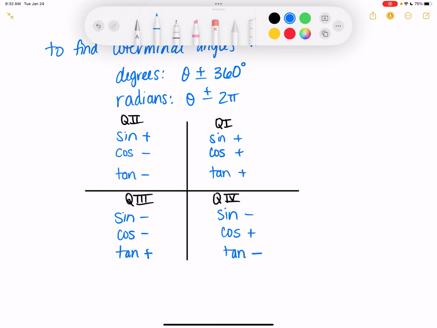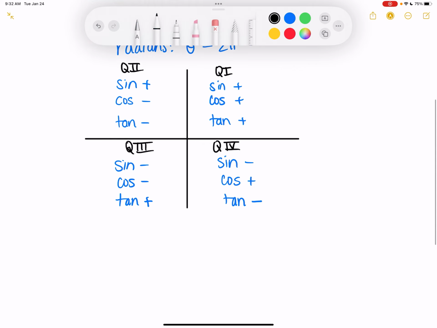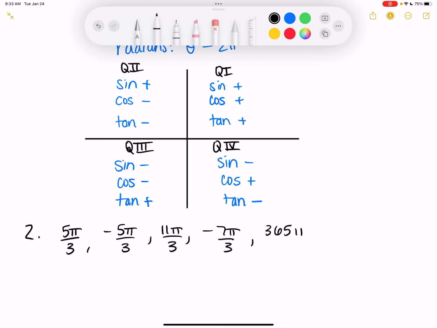All right, so the first one says to identify the one angle that is not coterminal with all the others. So basically, you're given a list of angles. Number 2: 5 pi over 3, negative 5 pi over 3, 11 pi over 3, negative 7 pi over 3, and 365 pi over 3.